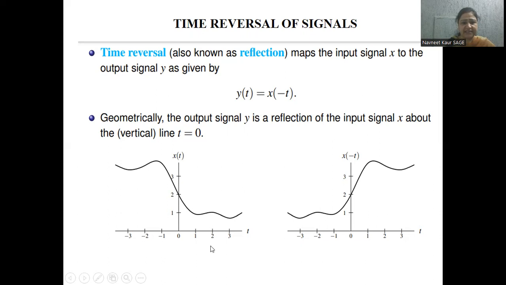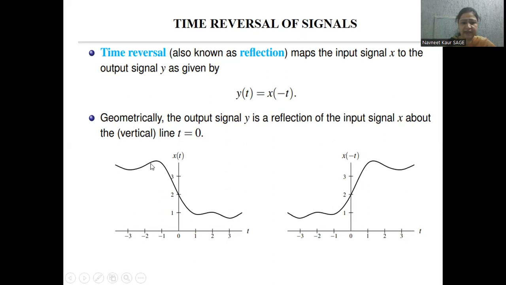Now here I can see the signal x(t), which is a continuous time signal, and it is having a magnitude as shown in this figure. Now, if I want to find out the time reversal signal of this signal x(t), then it will be represented as x(-t).